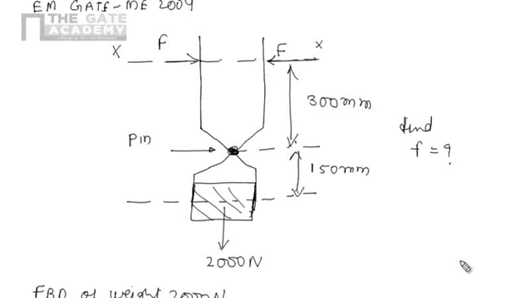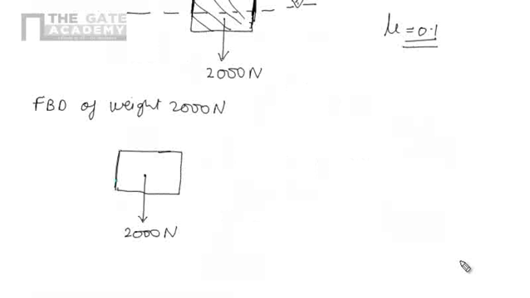On these surfaces there is friction, and let's assume the coefficient of friction is 0.1. So here we have to show the frictional force on this surface and on that surface.